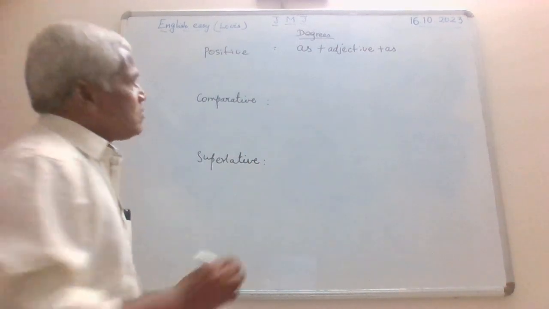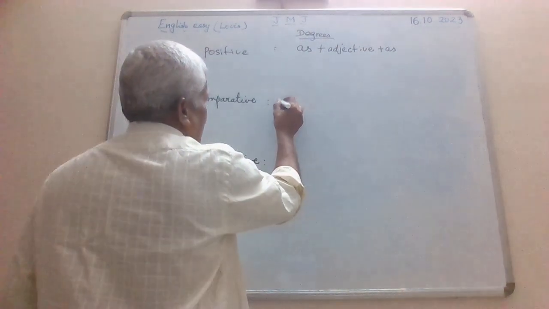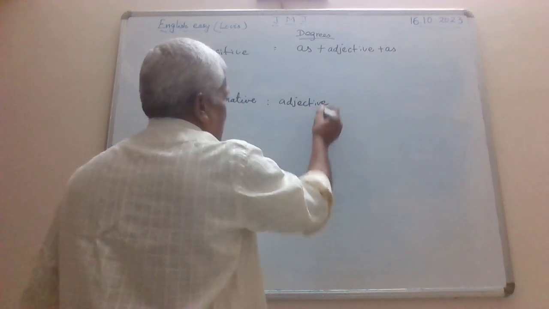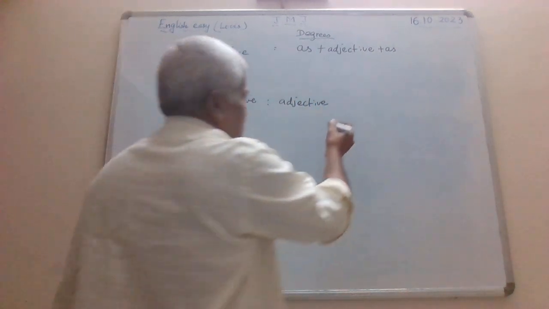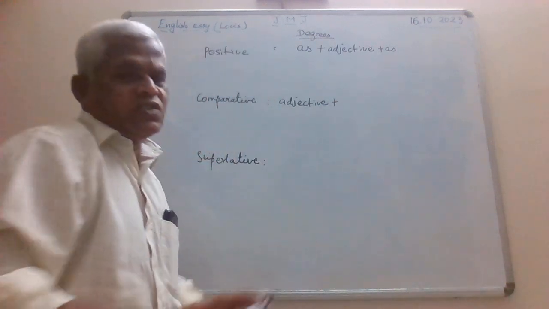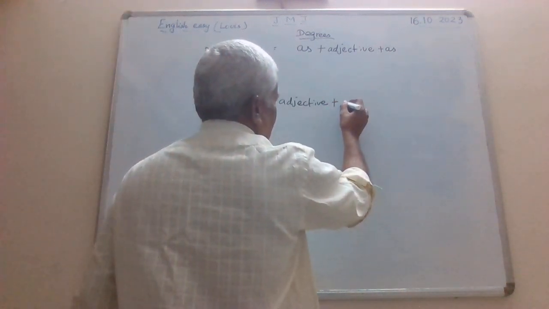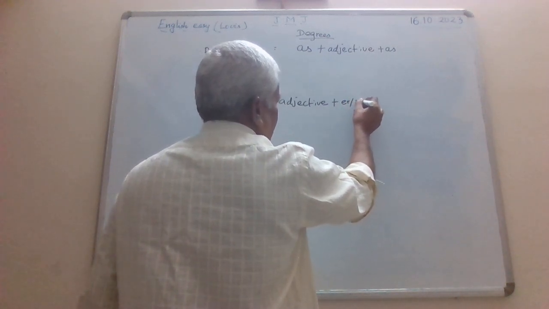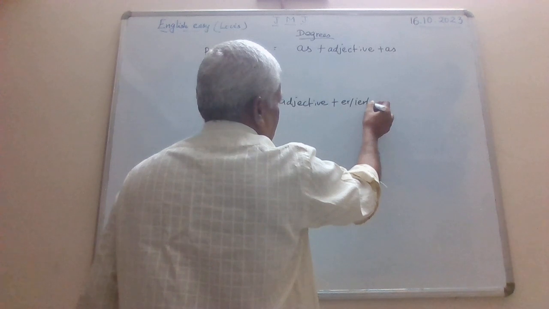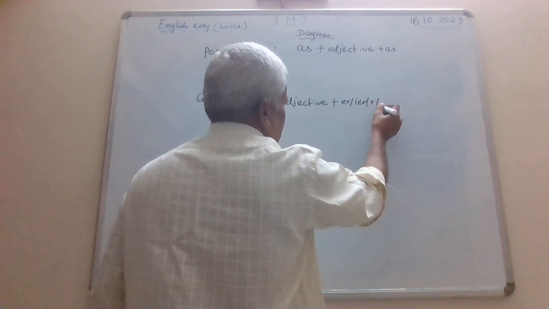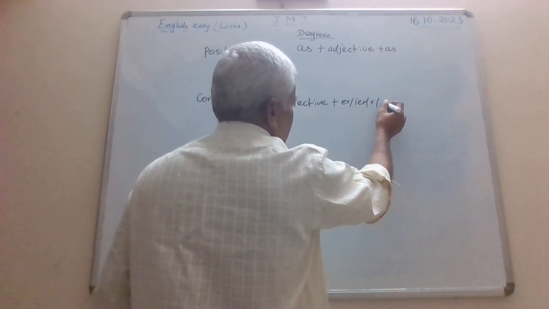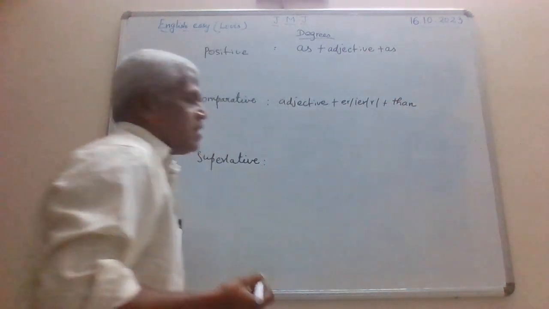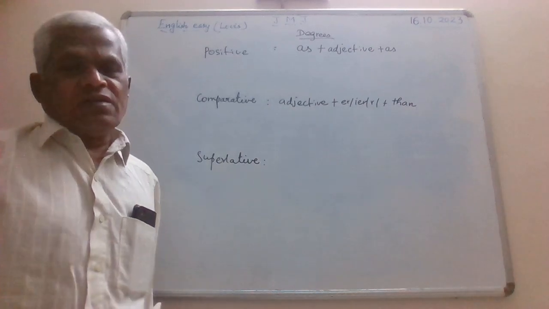What about comparative? Comparative, of course, we write first of all the adjective. And since this is comparative, you see we have so many additions. What are they? ER, IER, R, and then plus than. Of course, there are a few others.